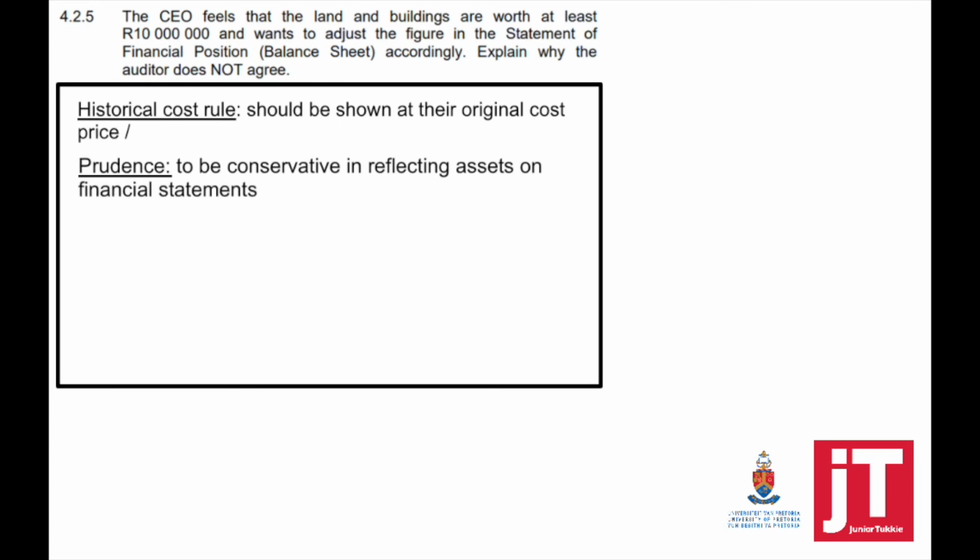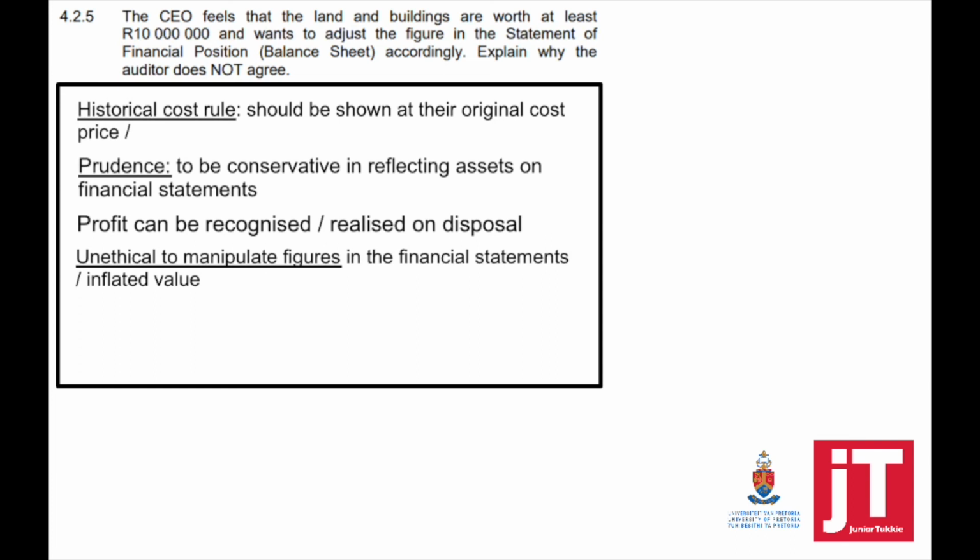Prudence means being conservative in reflecting an asset on the financial statements. The profit can be recognized or realized on disposal of that. It's unethical to manipulate figures in the financial statements or to inflate the figures, because that's what we will be doing now: we will show it at what it's worth but not at what it cost us.